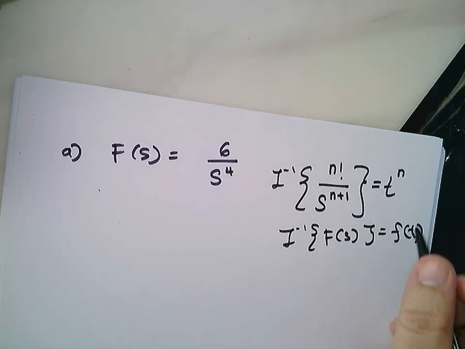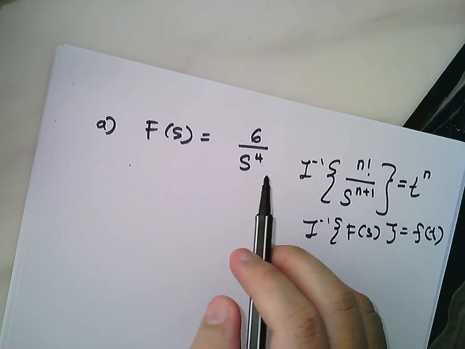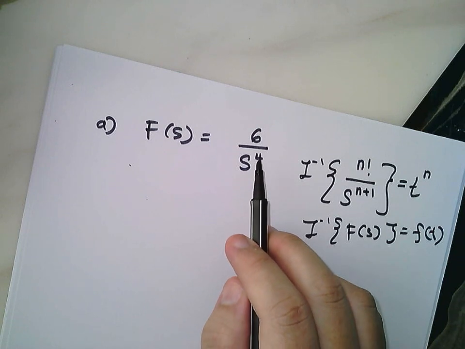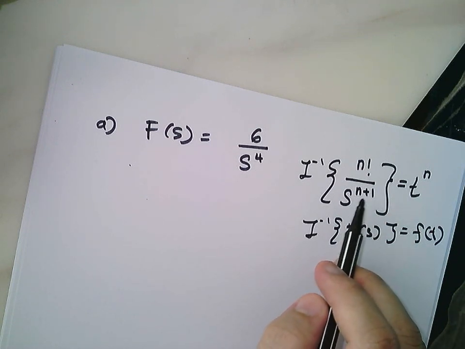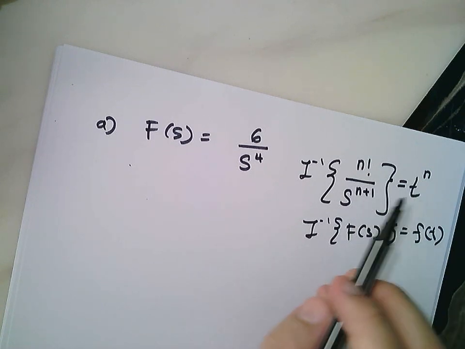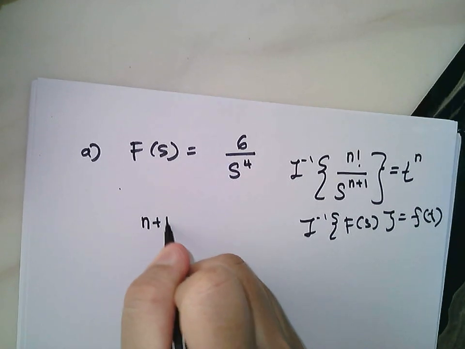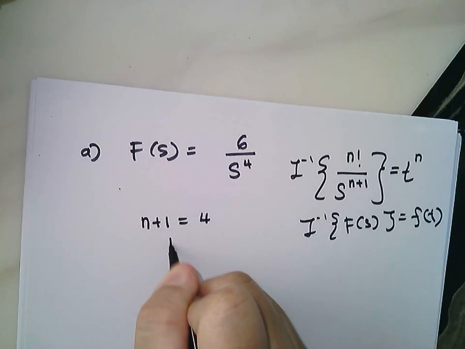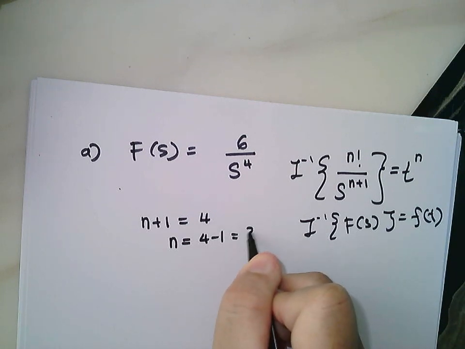So take a look at this one here. What you have here is s to the power of 4, and generally we have s^(n+1). So get the value of n first. What you need to do is n plus 1 is equal to 4, and you know that your n is equal to 4 minus 1, which is equal to 3.